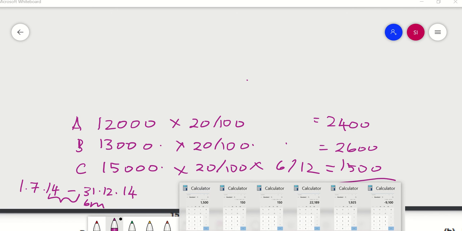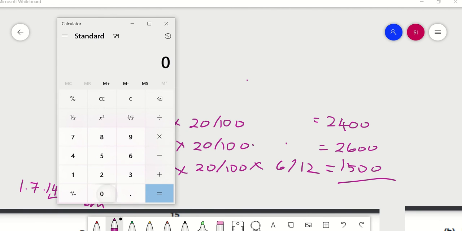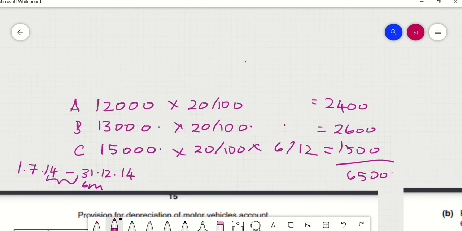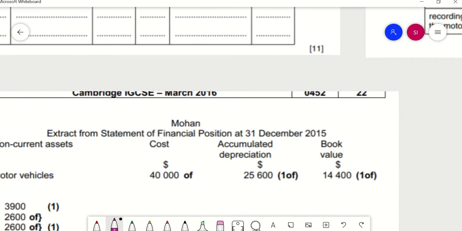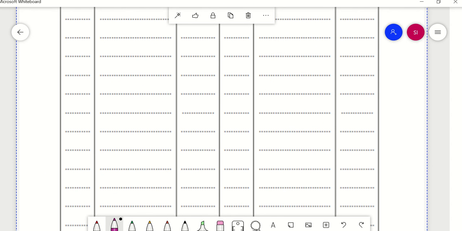Now let's find the total depreciation, which is 2,400 plus 2,600 plus 1,500, which gives you 6,500. Now this 6,500 is the amount of depreciation which you are supposed to charge for this financial year.